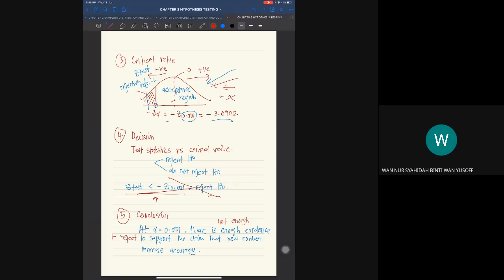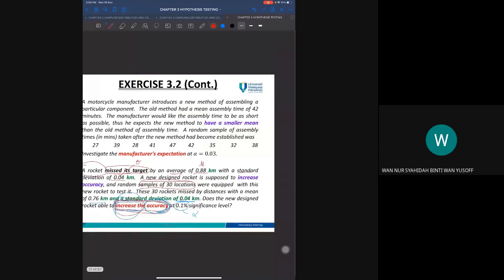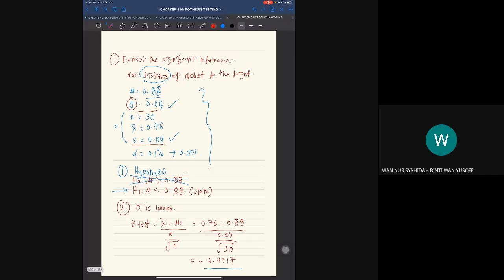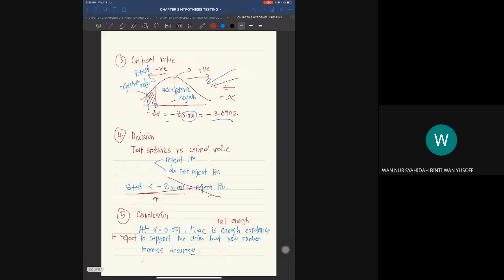Or you can answer the question directly: does the new design rocket increase the accuracy? You can write that, also correct.